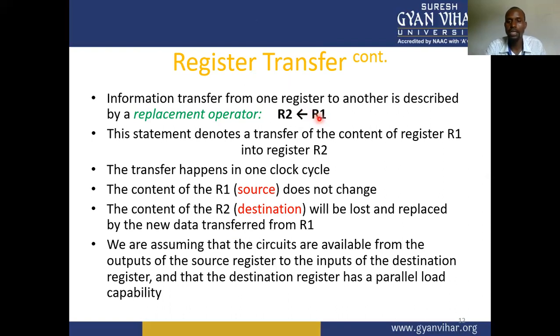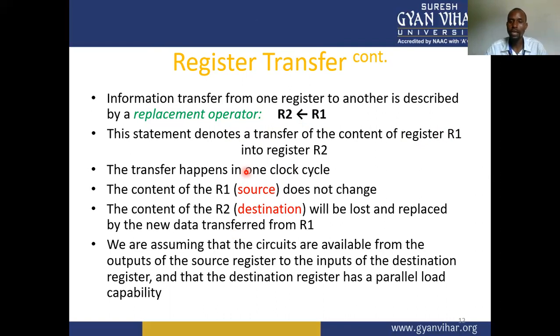It specifies that information is moving from R1, pointing to the destination. R1 becomes the source, R2 the destination. So this statement denotes a transfer of contents from register 1 into register 2. This happens in one clock cycle, so that means in one interval of time you are able to send the information.